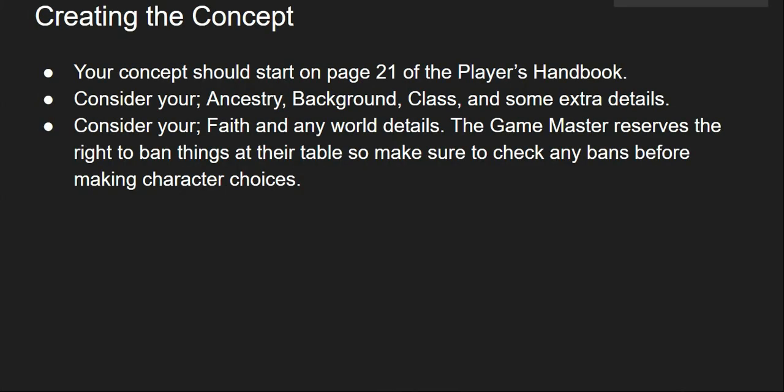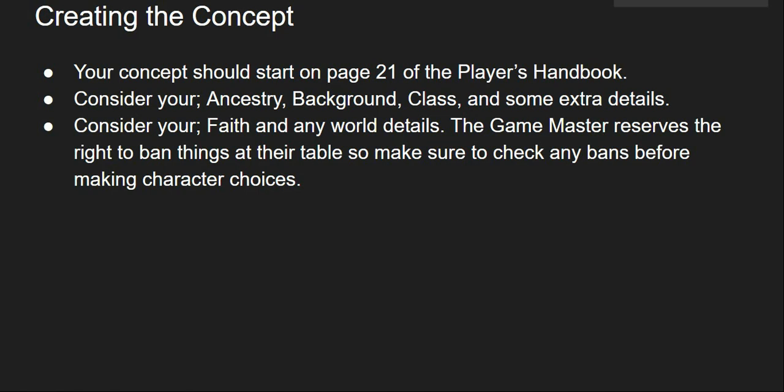The first thing you're going to do before you crack open the book in full is start considering a character concept. Your concept should start on page 21 of the core rulebook. Then you're going to consider your ancestry, background, class, and some extra details. You don't have to make any final choices right now, you are just making a concept.